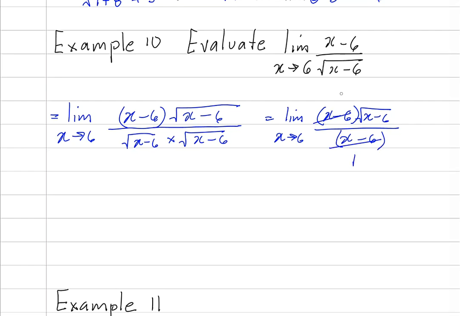The x minus 6 cancels. This is equal to the limit as x approaches 6 of the root of x minus 6, which is equal to, by direct substitution, the root of 6 minus 6, which is the root of 0, which is equal to 0.